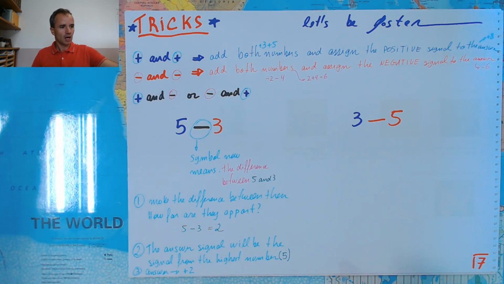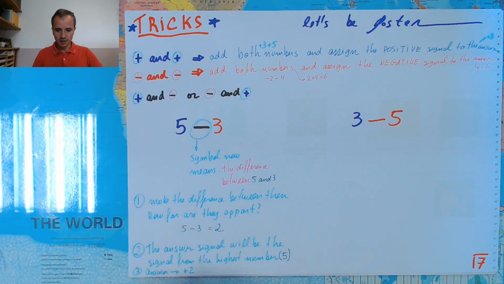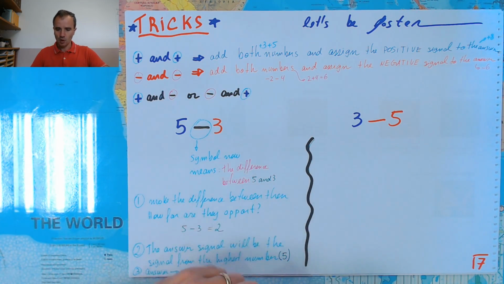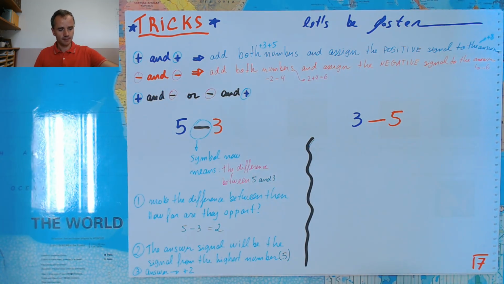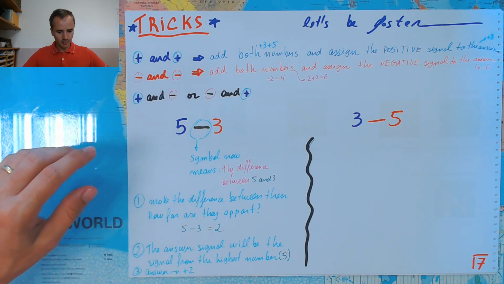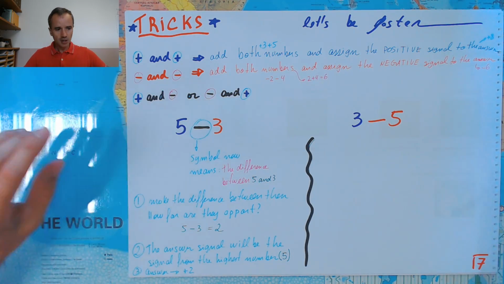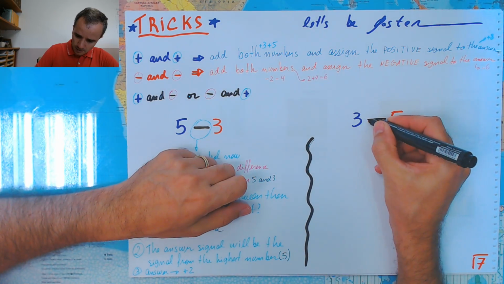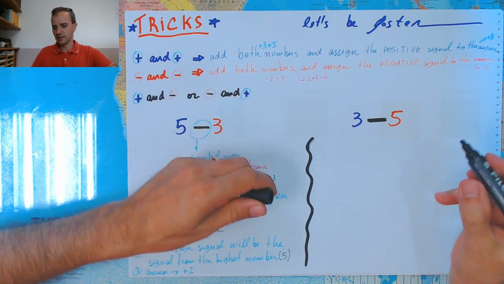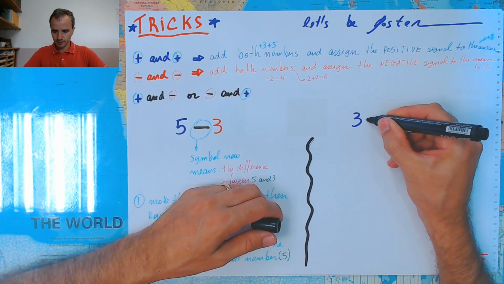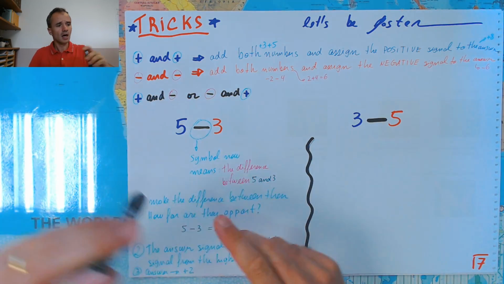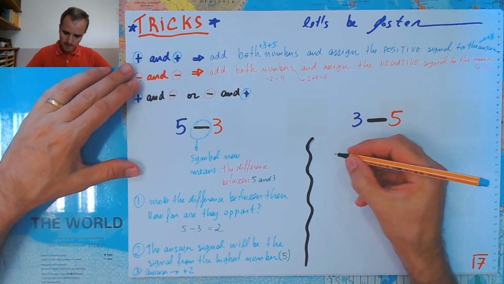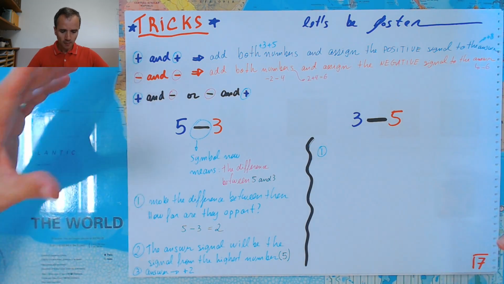Now if you did not see the reason for that, you're going to see it when I switch things. Now let's take this positioning here. The same thing is going on here, and of course this is not red, it is just a negative signal. It is just an ordinary 3 minus 5. And now first step, make the difference.